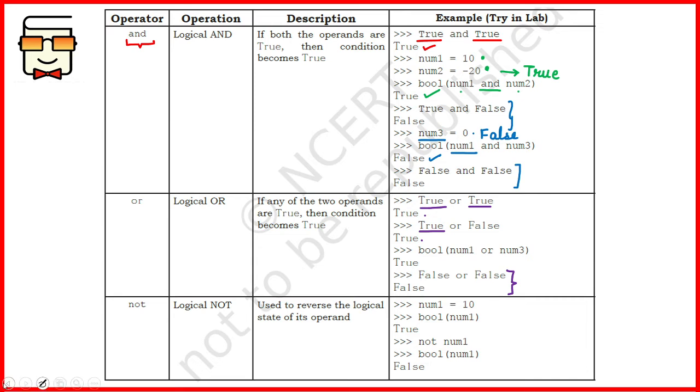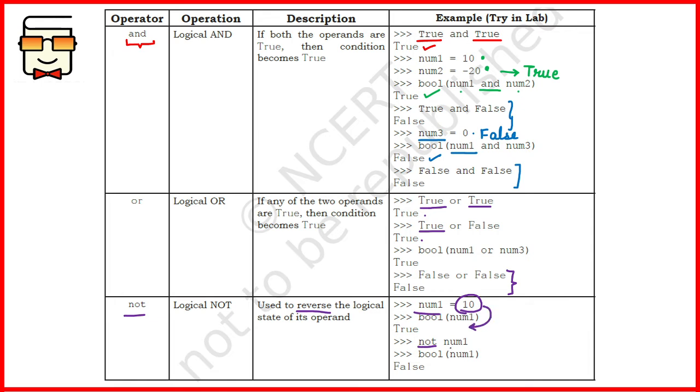Okay, now coming to the last logical operator, that is the not operator. Logical not basically reverses the state or truthness of the operand. If a value is originally true, then applying the not operator on that value would reverse it to false and vice versa. So num1, which stored the value 10, actually evaluates to the Boolean value true.